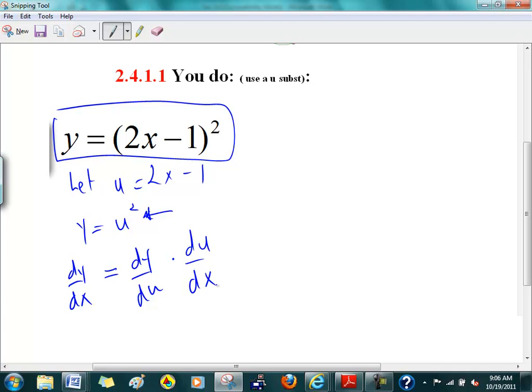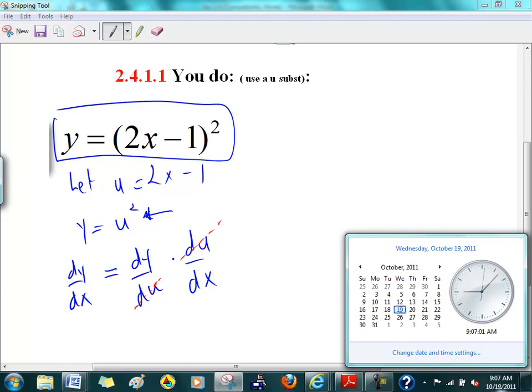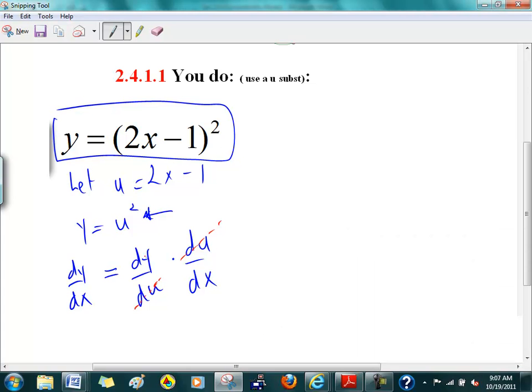That's where the chain rule comes from. That's the terminology, the chain rule. The way you can think about this is that it makes sense because if you pretend to cancel this out, then on the right-hand side you get dy by dx, and on the left-hand side you get dy by dx. So this looks like a good idea.